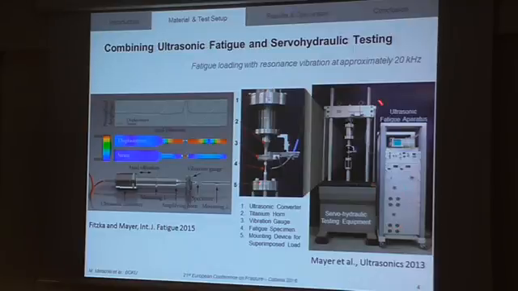Left you can see the ultrasonic and servo-hydraulic testing equipment, and here is the specimen. In this image you can see the ultrasonic test equipment and the specimen, and here the strain level, where the maximum is constant over the whole range of 10 millimeters.